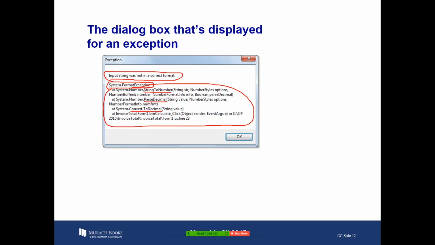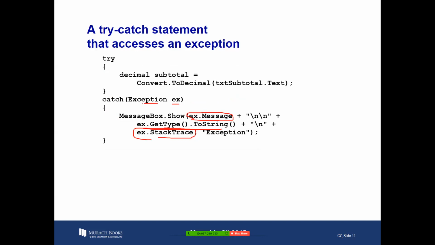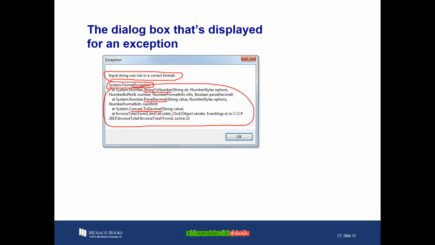Convert to decimal. So we're talking about this, convert to decimal. This is the code you see, but inside this ToDecimal method there are these other two methods. This is a method that's inside internally.